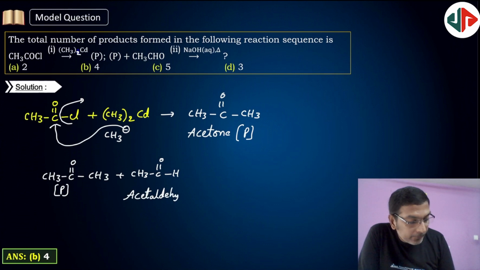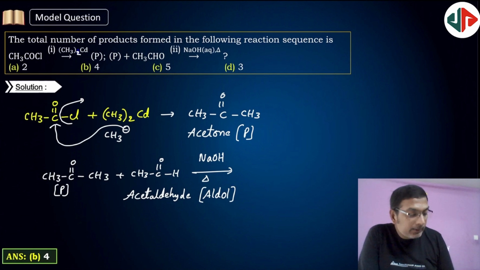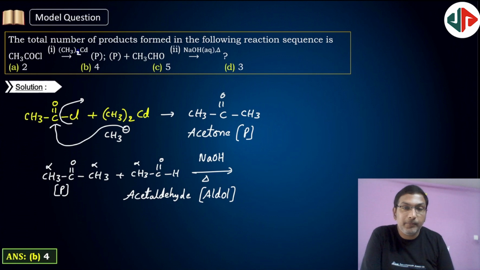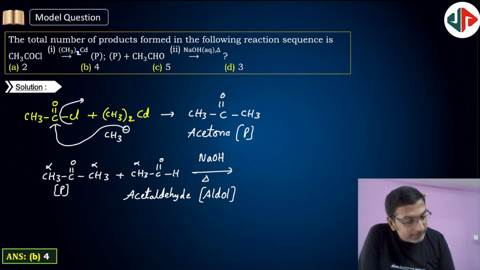So in the presence of NaOH followed by heating, which is the famous reaction aldol condensation. So here both compounds have alpha hydrogens. Therefore, four products are possible.